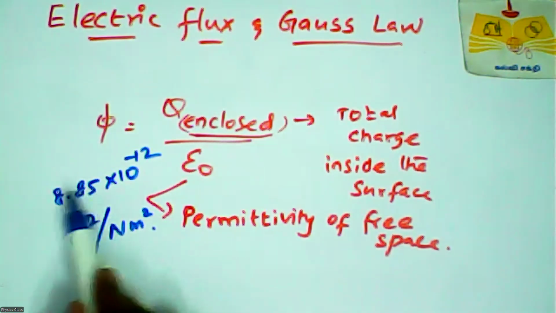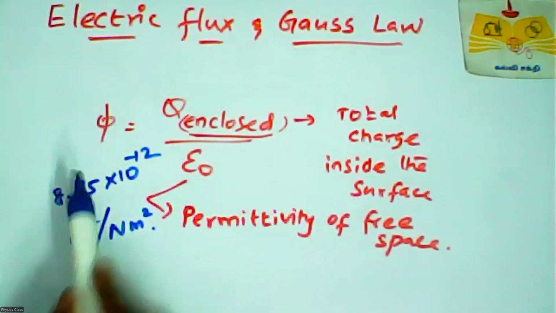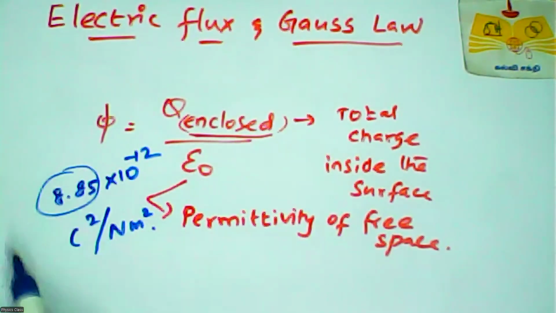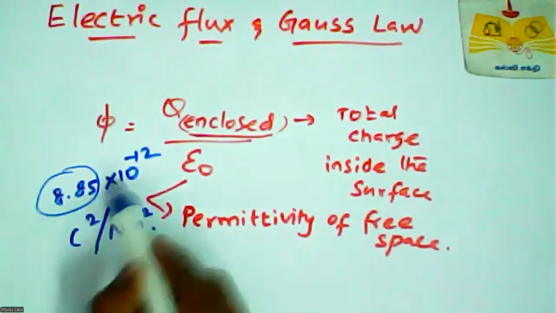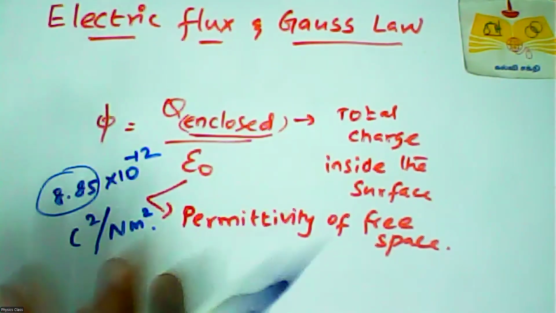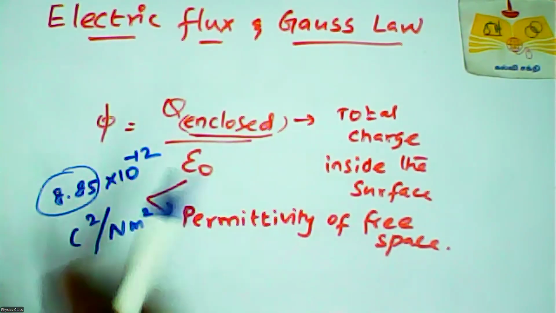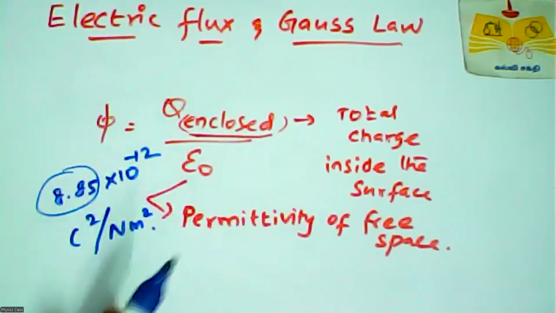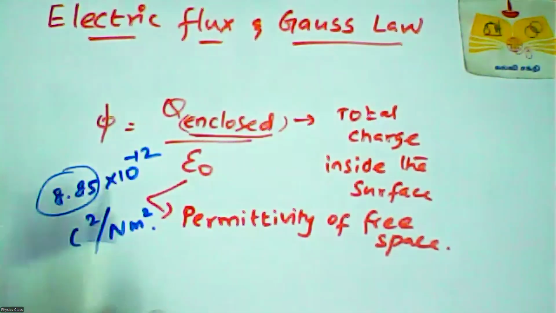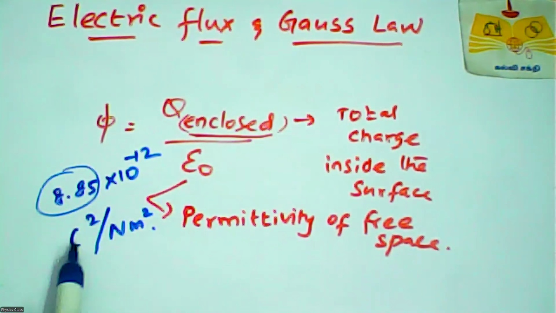We can write 8.854 like that, but we can just write 8.85. But 10 power minus 12 is very, very important. Don't write 10 power minus 13 or plus 12 like that, it is very wrong. So you have to write exactly 10 power minus 12, with the unit Coulomb square by Newton meter square.